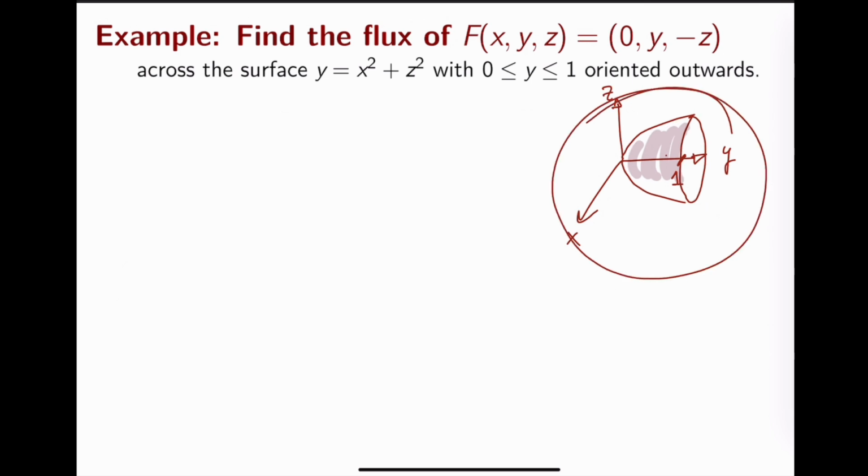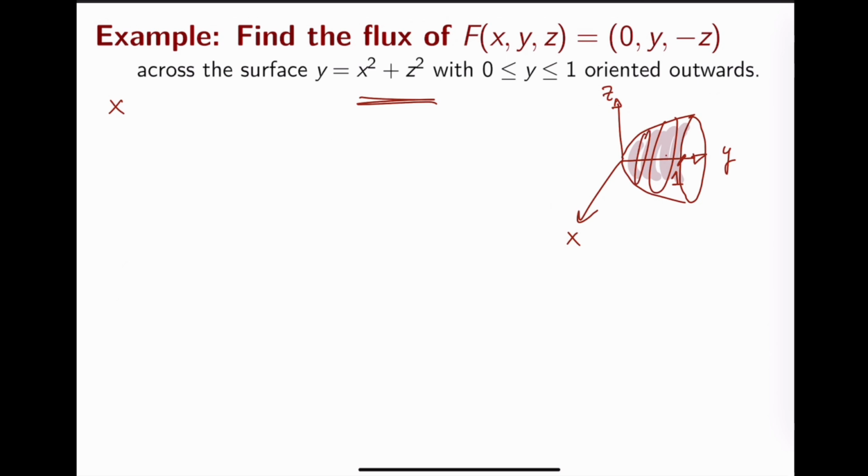So the surface is just this piece of the paraboloid oriented outwards. Okay, so let's start calculating everything that we need in order to calculate the flux. First of all, let's write down the parametrization of this surface. So this surface is given by all these circles here.